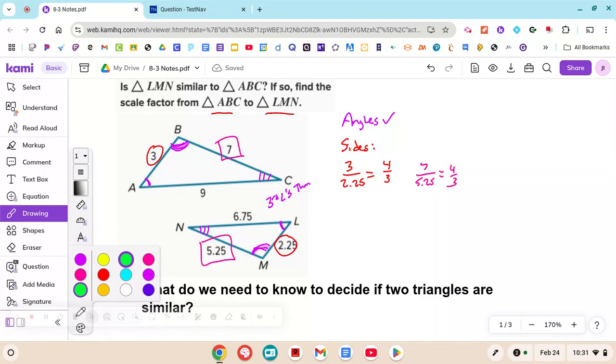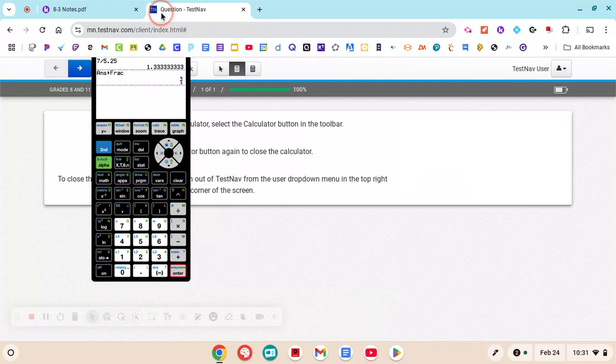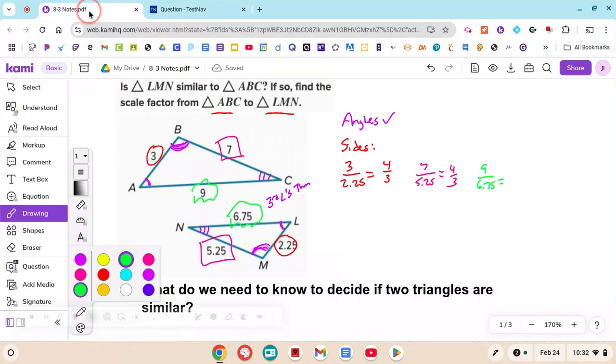We'll do green next. My last one would be 9 over 6.75. We'll try that out. 9 divided by 6.75. Yep, we're getting that same 1.3 repeating number.